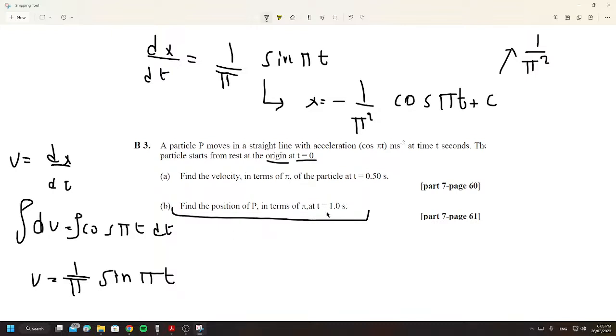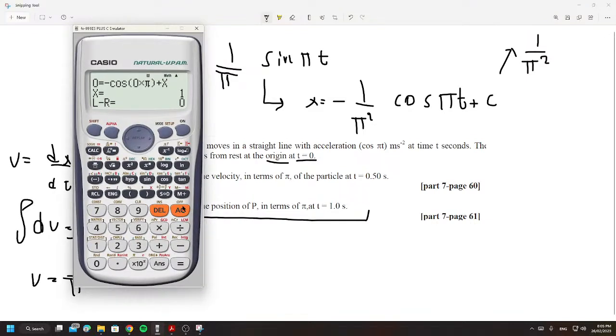So now let's find position P in terms of pi at t equals 1 second. So we're just going to substitute 1. Let's just not multiply by 1 over pi squared because they want it in terms of pi. So cosine pi times t, which is 1, so just cosine pi, plus 1 over pi squared.